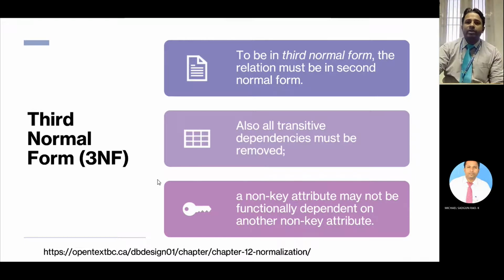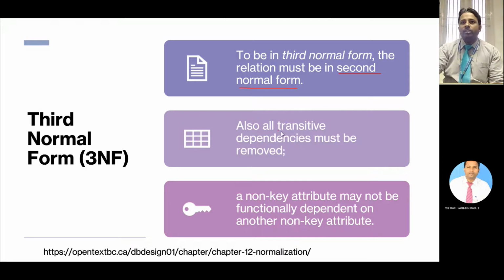So first normal form, atomic values. Second normal form, no partial dependency. And third normal form: the first point is that a table or a relation should be in second normal form primarily. Only then can we bring it to third normal form. We cannot bring a relation which is not in second normal form into third normal form.